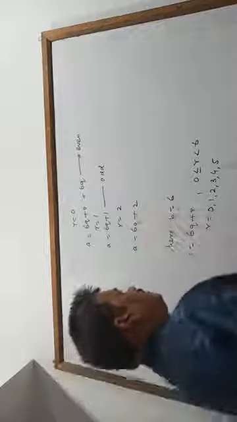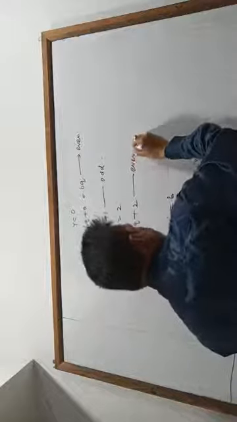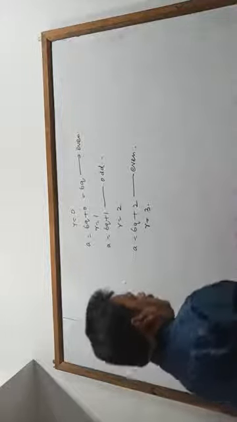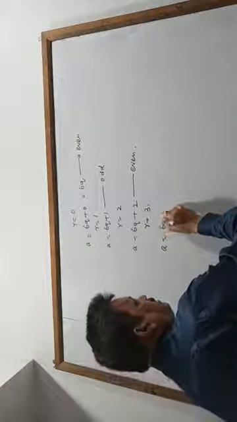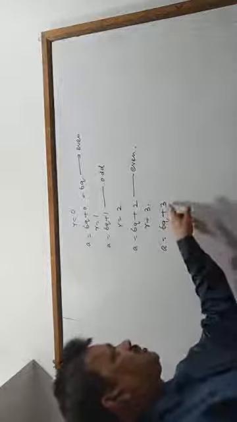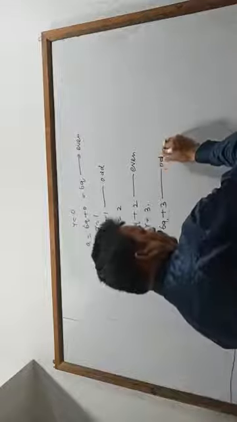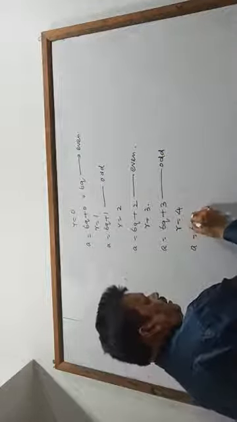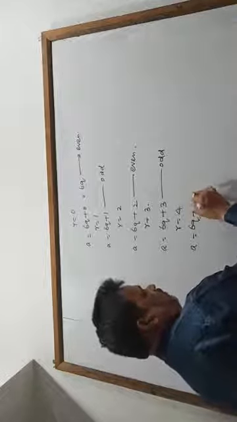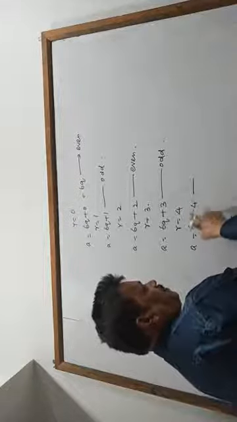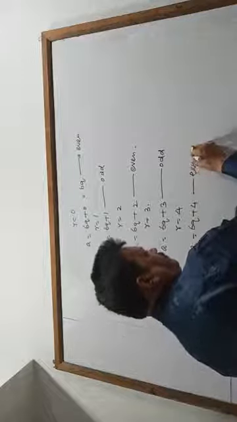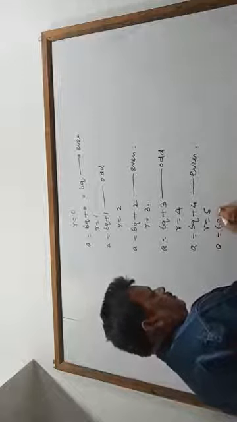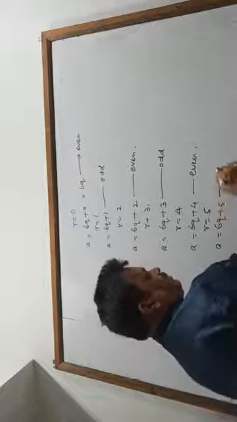Even plus even will be an even number. R equals 3, A equals 6Q plus 3. Even plus odd will be odd. R equals 4, A is 6Q plus 4. Even plus even is even. R equals 5, A is 6Q plus 5. Even plus odd is odd.